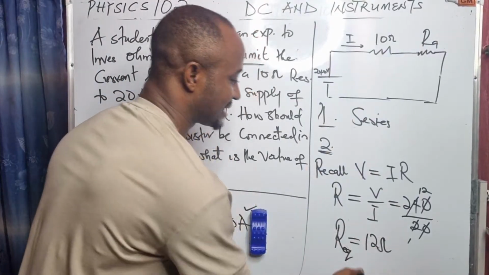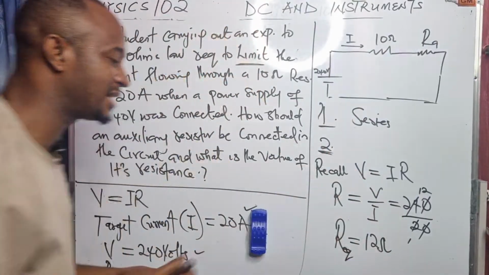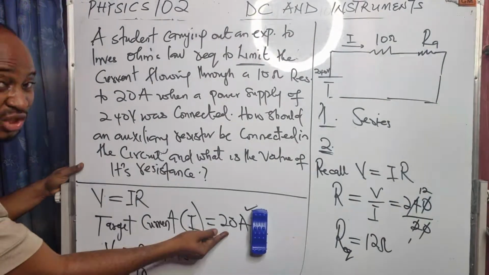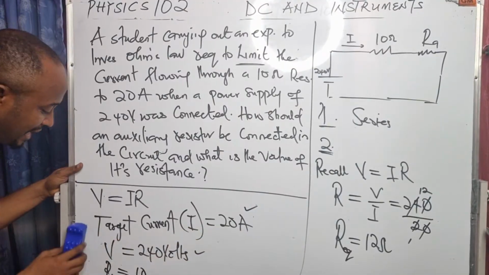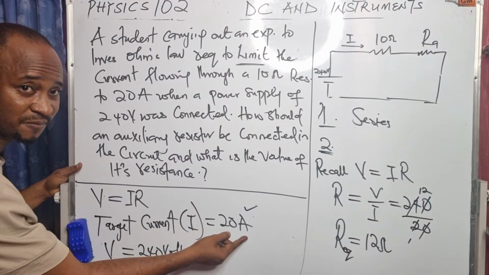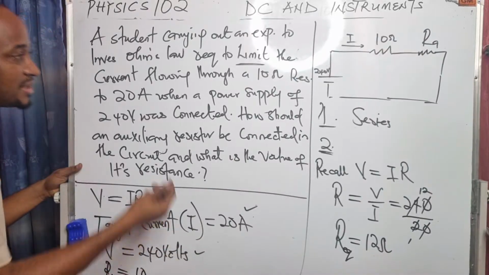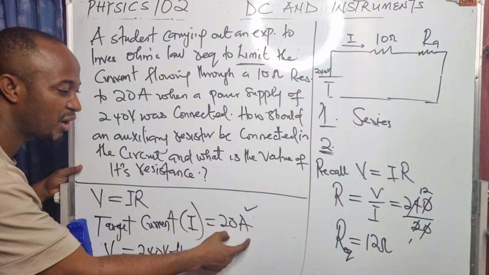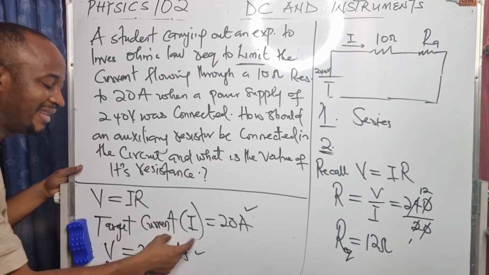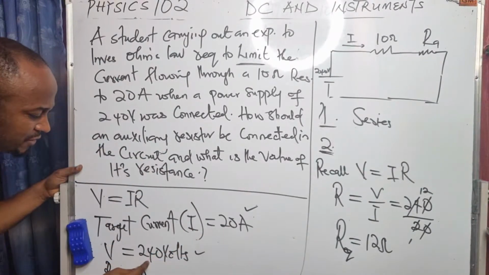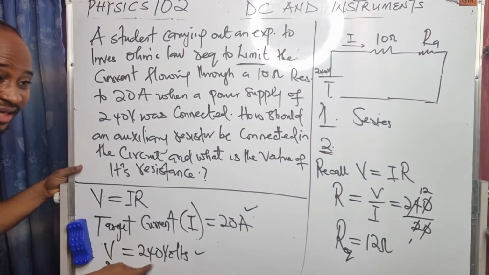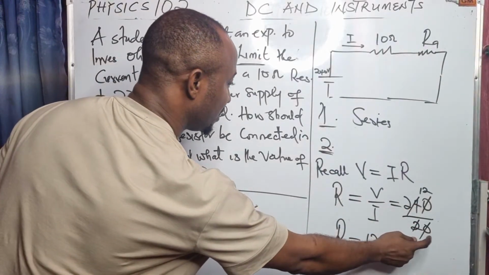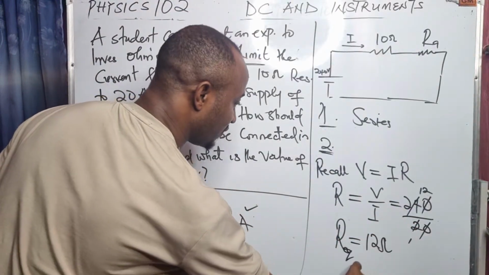Since our total resistance of 12 is calculated using the total voltage and the target current, the current we want to limit the circuit to, when you divide the voltage by the total current, that will give us 12 ohms.